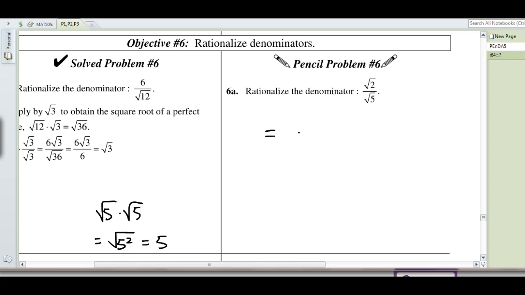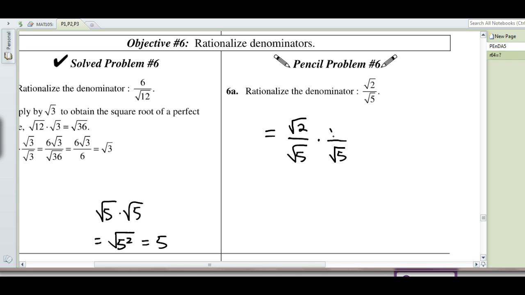So here, we want to rationalize the denominator. But the problem is, it's an expression, not an equation. So we cannot just multiply willy-nilly by whatever we want. So if you have something that's an expression, the only thing you can do is multiply by something equal to 1. So we know that if we multiply by the square root of 5 on the bottom, that will get rid of that radical.